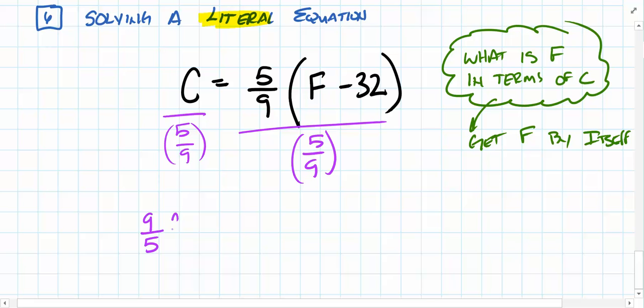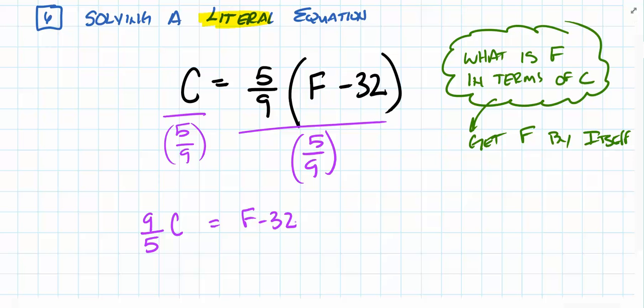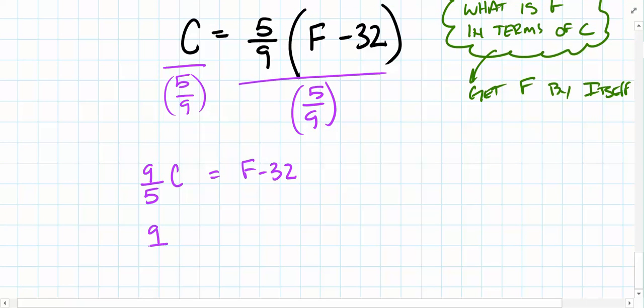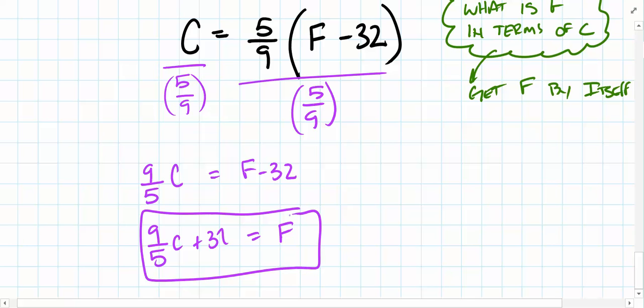Equals F minus 32. Can I write it like that? 9/5 C. Is that the same thing as 9C over 5? Yeah, those are the same things, right? Okay, good. Then what would you do? 9/5 C plus 32 is equal to F. And now, ladies and gentlemen, we have F in terms of C. So that means get F by itself. Fair enough? All right.